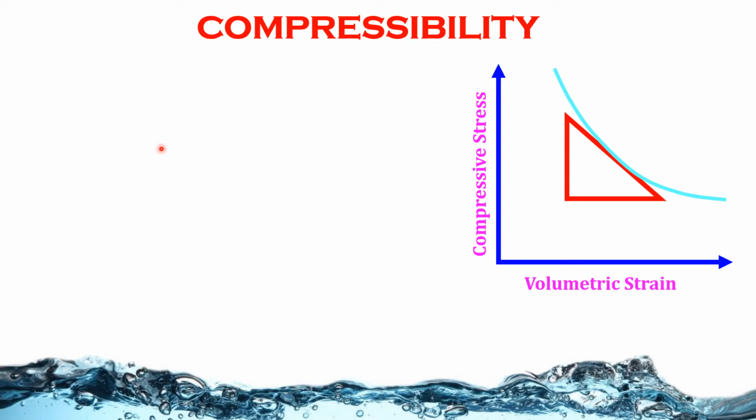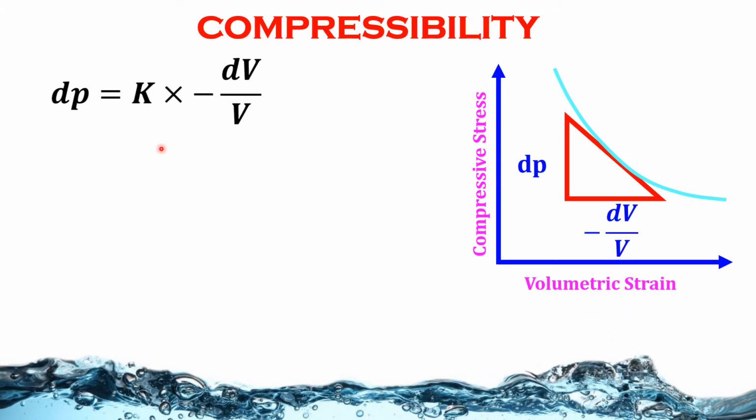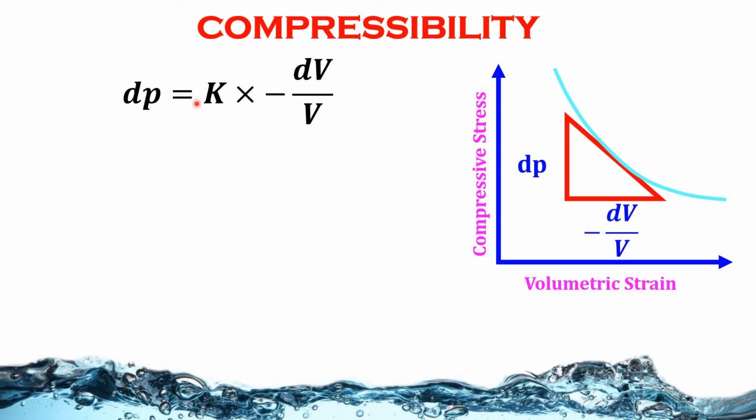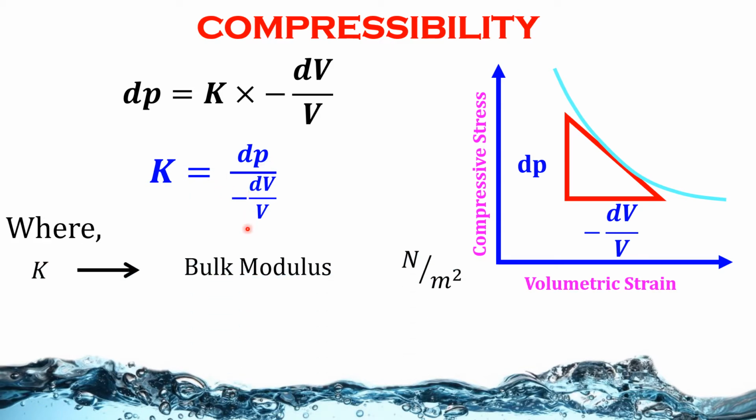Now, we already know that dP is proportional to minus dV by V. In order to remove the proportionality, we insert a proportionality constant K, where K is equal to dP by minus dV by V, where K is the bulk modulus in Newton per meter square and minus dV by V is the volumetric strain.